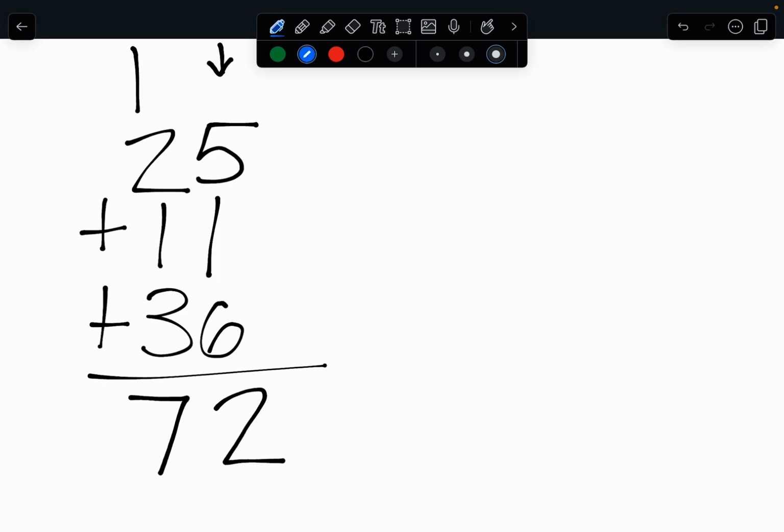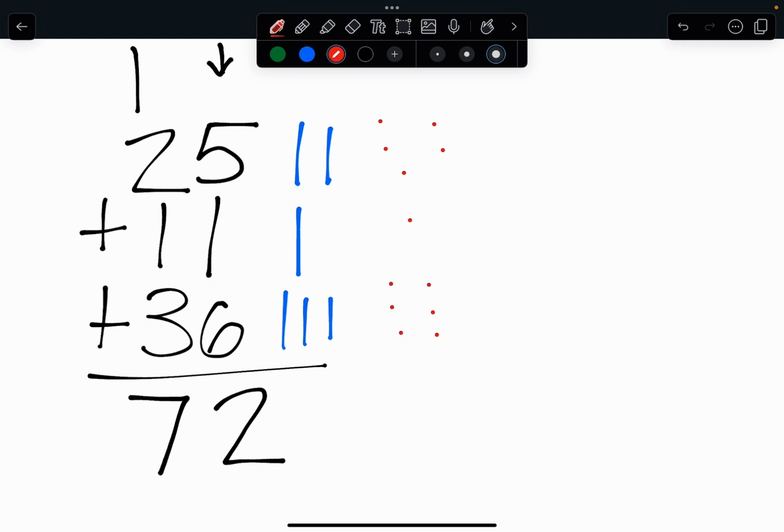If you need to draw a picture, you can. 1, 2, 3, 4, 5. 1, 1. 1, 2, 3. 1, 2, 3, 4, 5, 6. Okay. If I have more than 10 ones, I can add them together.